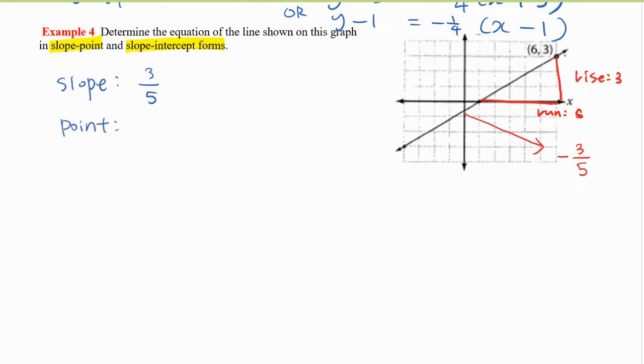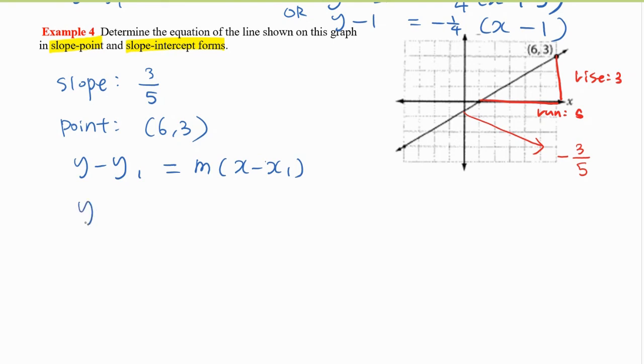Alright, what about the point? Let's just use the given point, which is 6, 3. You can choose another point, for example this point, but the point is given here, so let's just use this one. Now we can write the slope point form. Remember the formula: y minus y1 equals m, x minus x1.